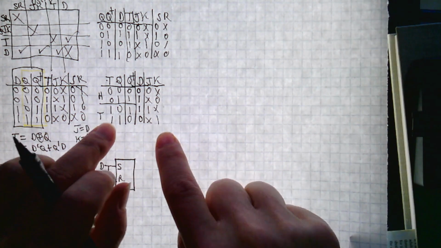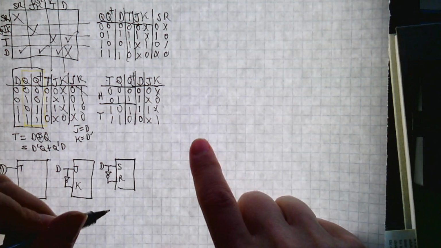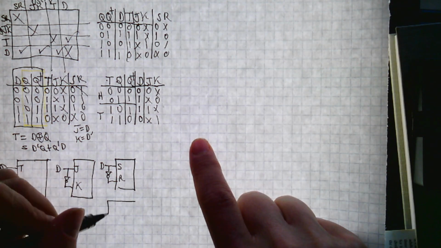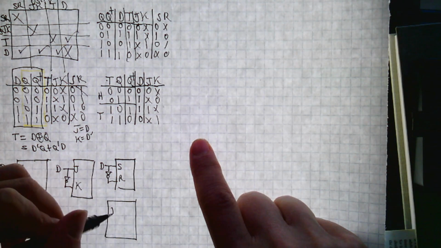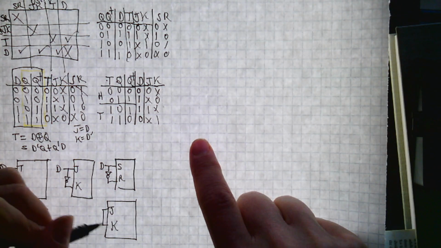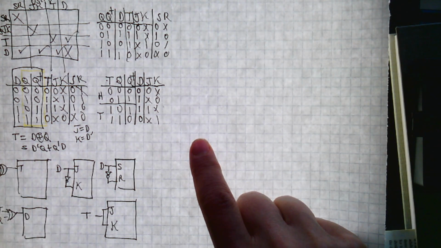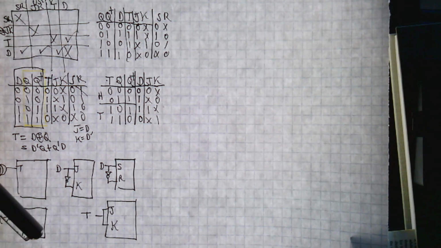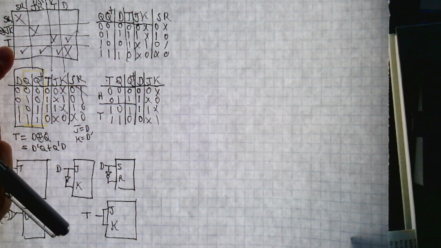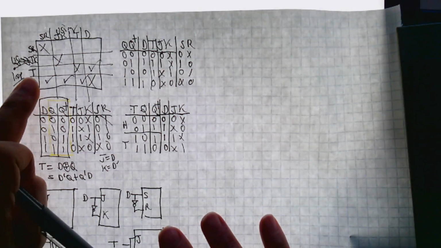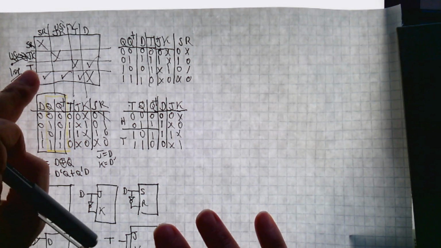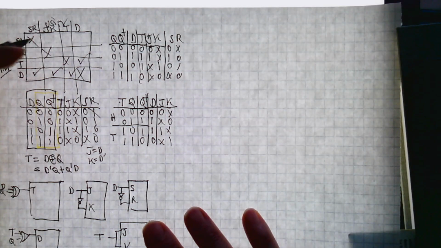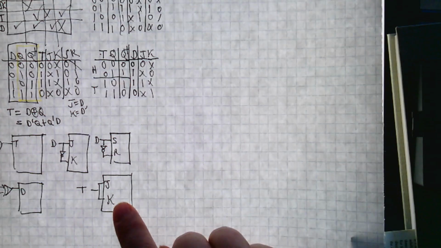That's going to work. So all I need to do is take my JK flip-flop, wire it together, and now I can implement a T flip-flop using a JK flip-flop. And that's what we did here.